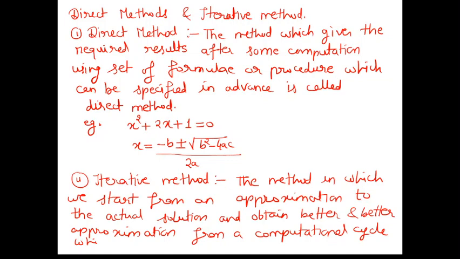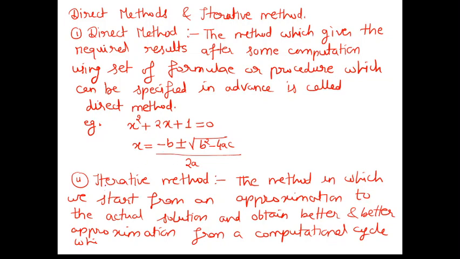For example, x square plus 2x plus 1 equal to 0 can be solved easily by making use of formula x equal to minus b plus minus under root of b square minus 4ac upon 2a. So this is an example of direct method.